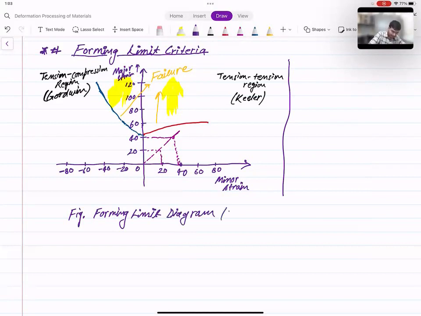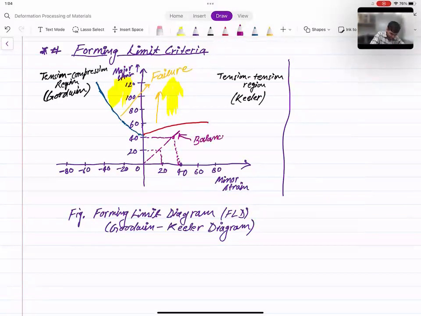This is also abbreviated as FLD, or the Goodwin-Keeler diagram. Okay. This was balanced biaxial. I forgot to mention it. Balanced biaxial.